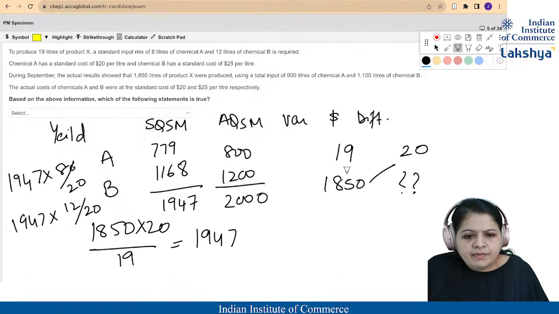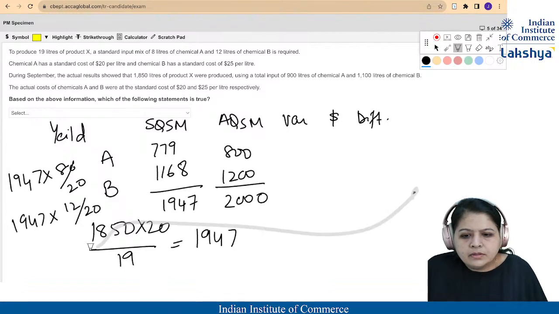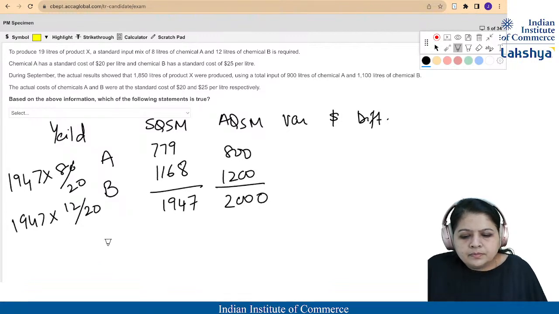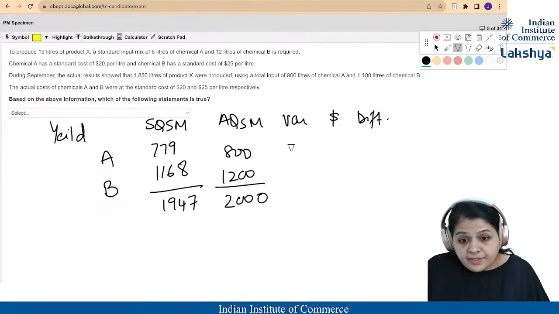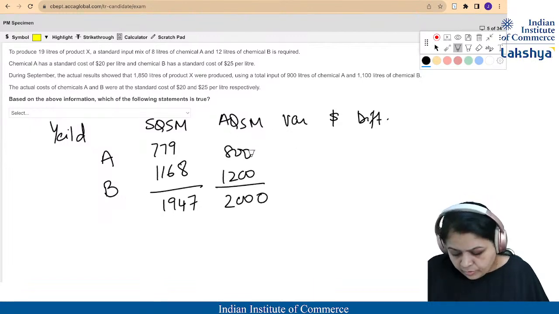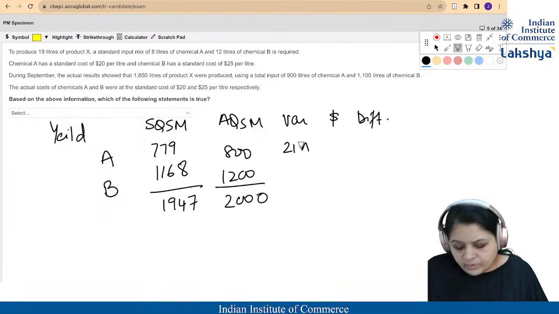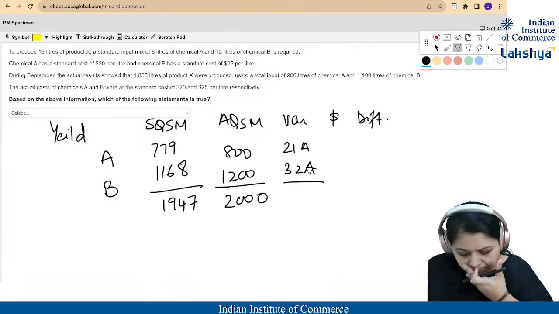Then we find our variances. That is going to be 21 adverse, and this is going to be 32 adverse.